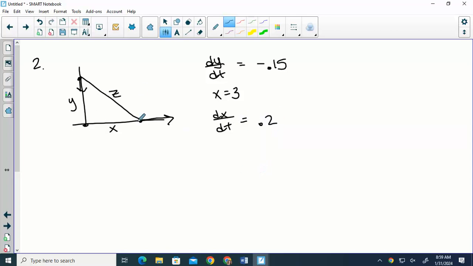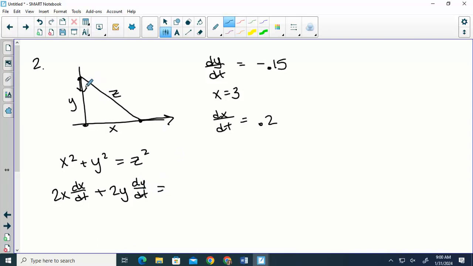We want to find out how long the ladder is. So anytime we have a triangle, the Pythagorean theorem has been very useful. So derivative of x squared would be, derivative of y squared, Z. Z is the ladder.